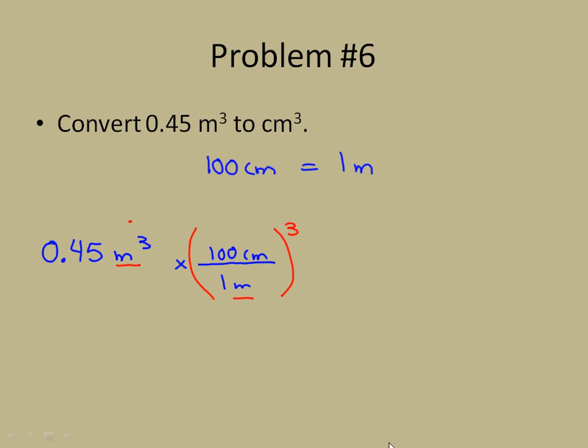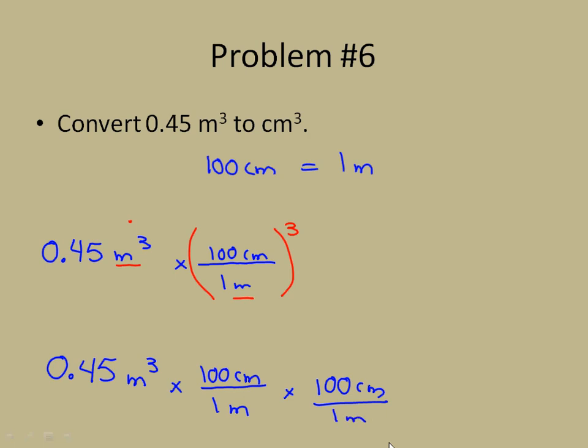Another way of writing it is to do 0.45, since you're new at this, meters cubed, and I'm just going to write it 3 times. 100 centimeters in 1 meter times 100 centimeters in 1 meter times 100 centimeters in 1 meter.